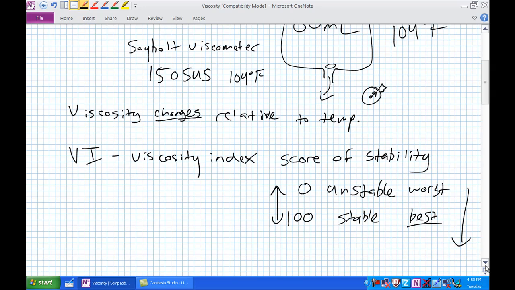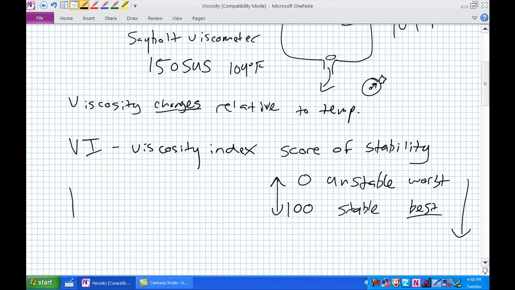Okay, so graphically, what we're going to do is, let's say, here's 50 degrees, here's 70 degrees, here's 90 degrees Fahrenheit, and let's say our substance A is relatively slow moving at 50 degrees Fahrenheit.